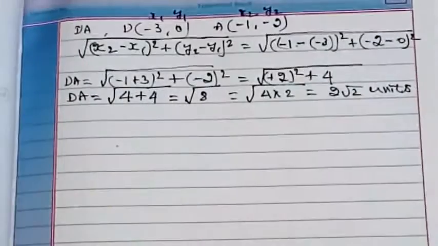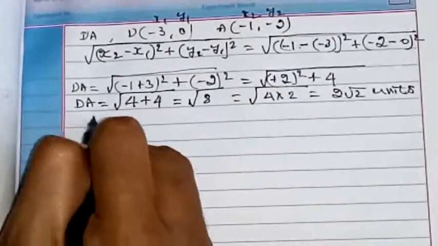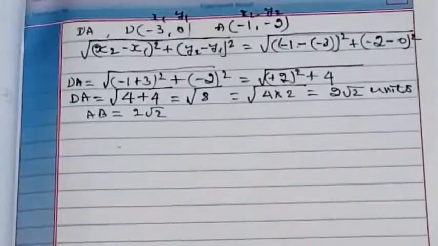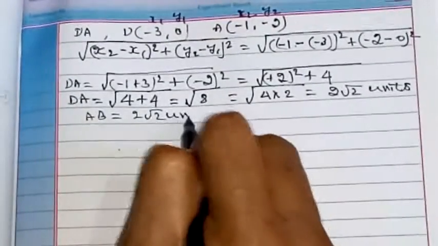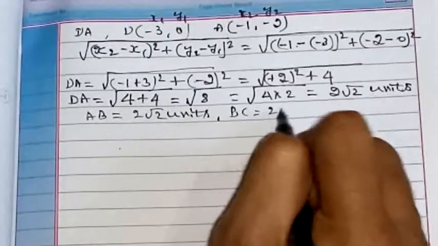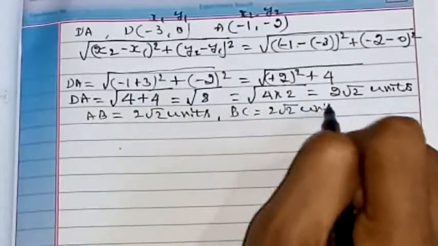So the answers are: for AB, the answer is 2 root 2 units, and for BC it's 2 root 2 units.